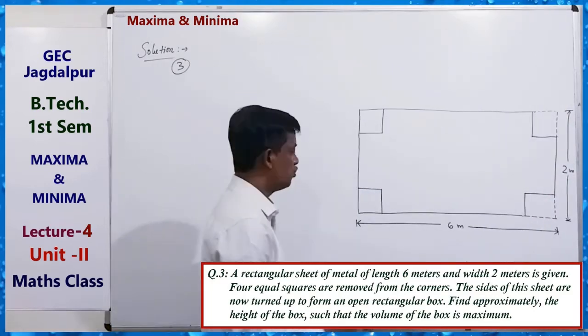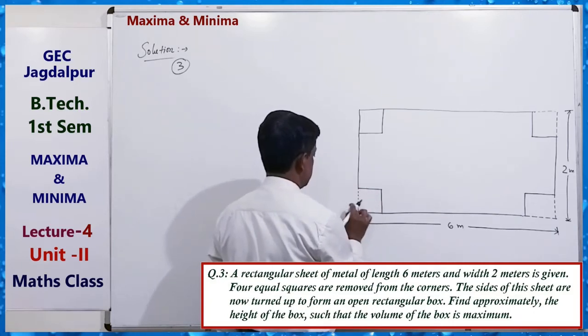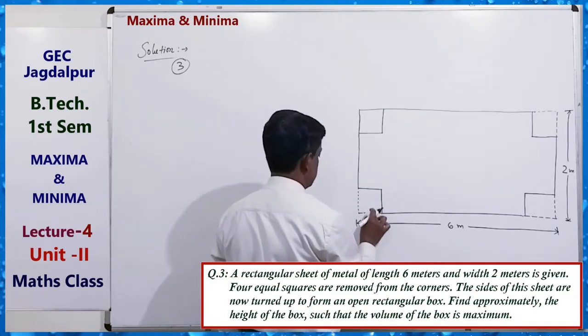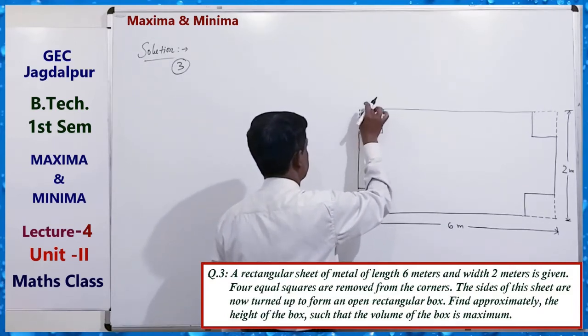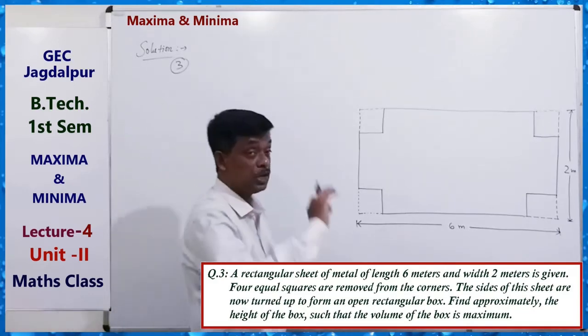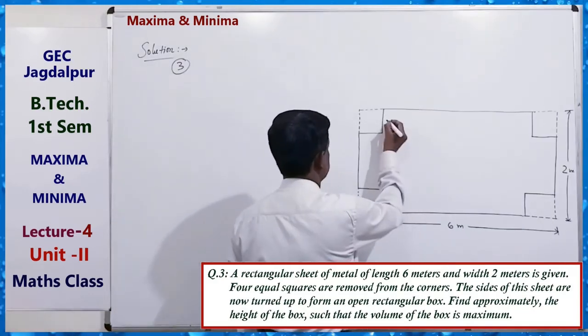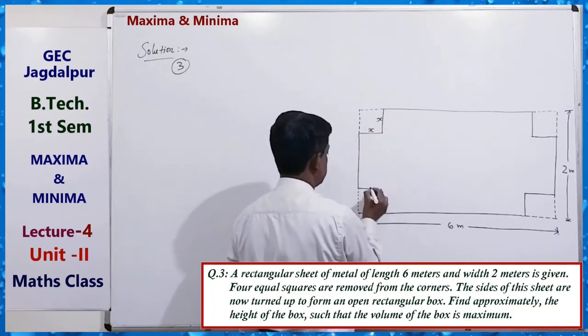We have to remove this part from here. Okay. Four corner parts, so equal squares. Suppose this is x length, this is x length, squares.